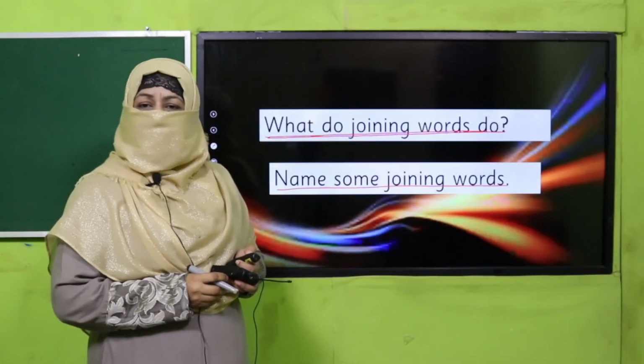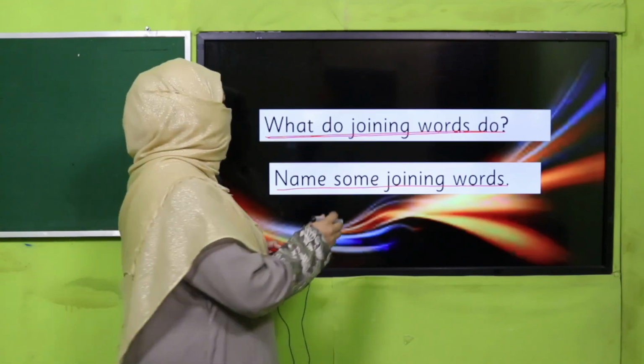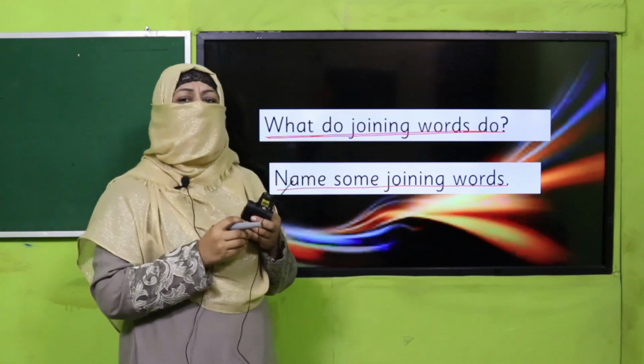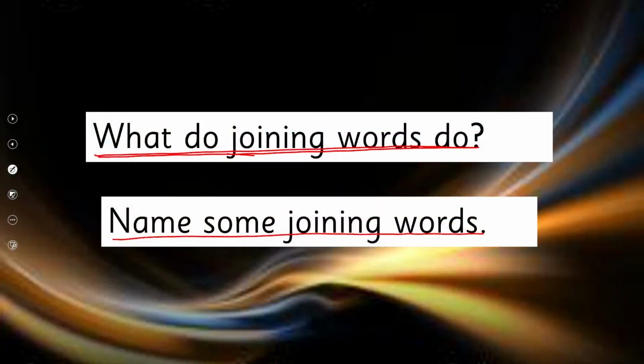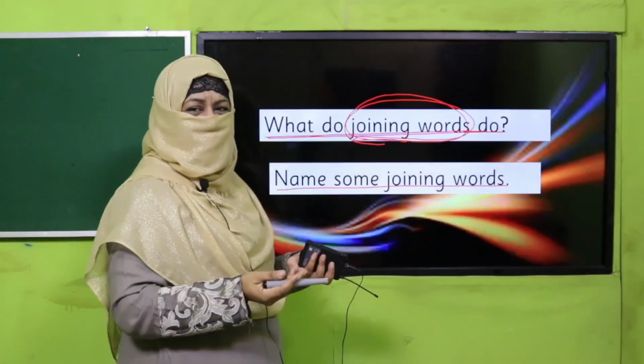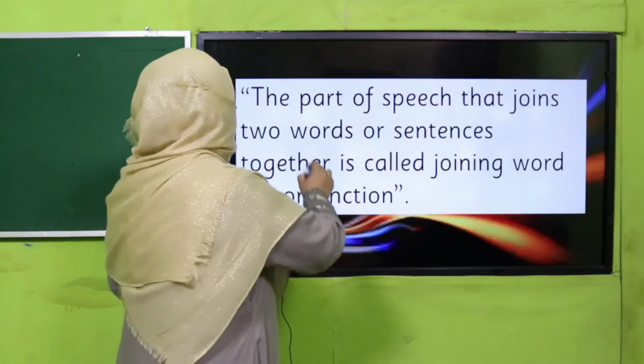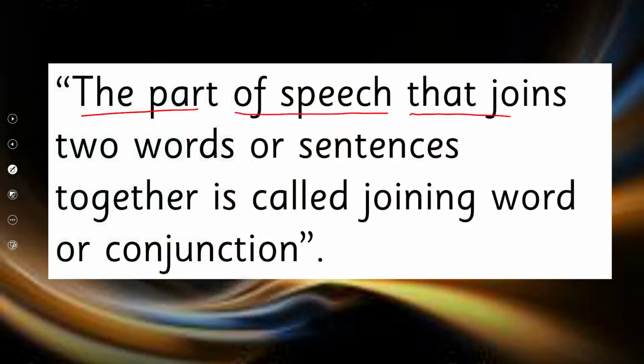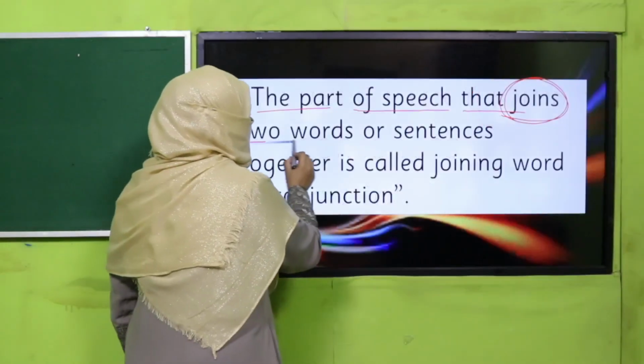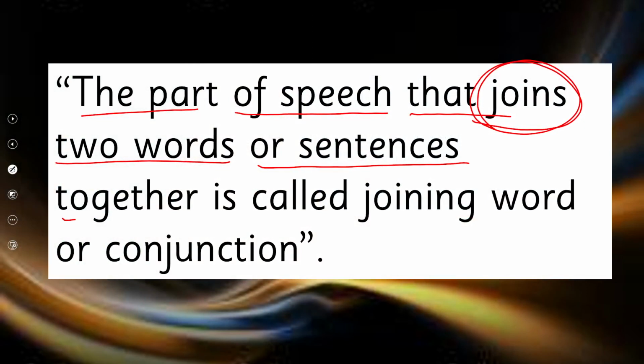Yes, my dear students, I hope you have answered correctly. Whenever you are asked what joining words do, look at these words: joining words. Simply, they join. The part of speech that joins, that means makes a connection between two words or sentences together, is called joining words.